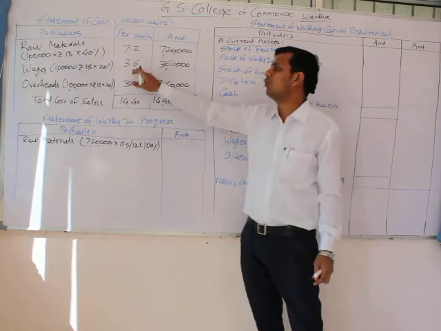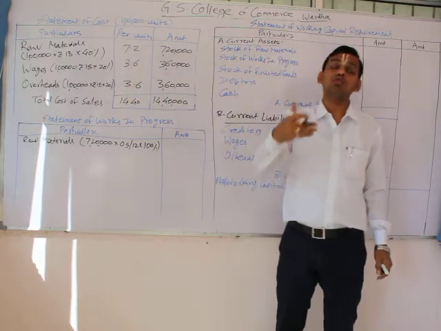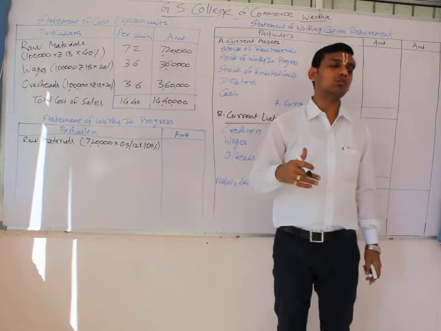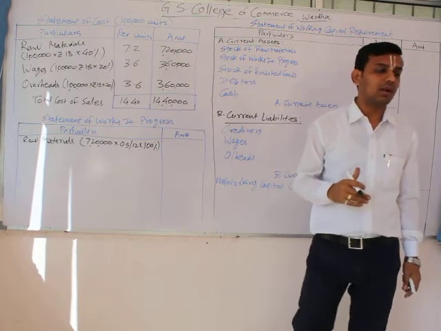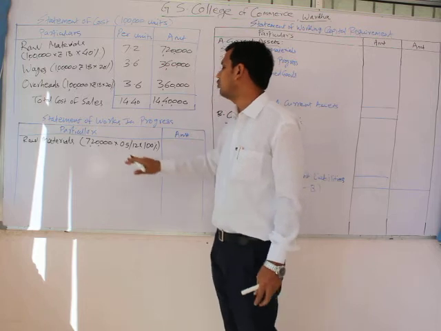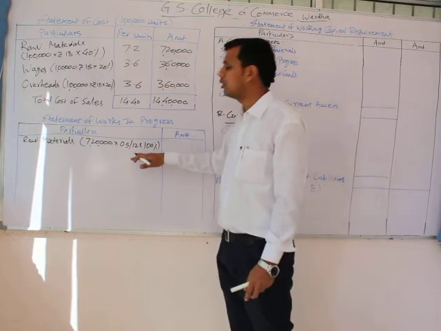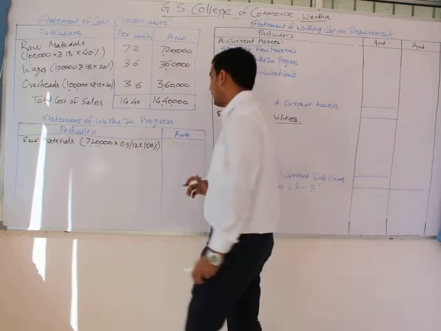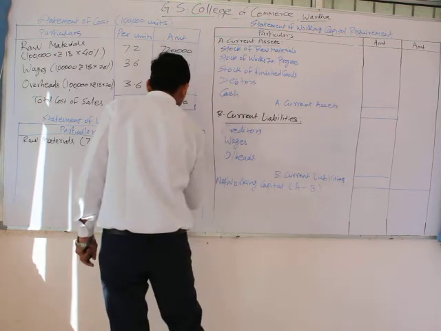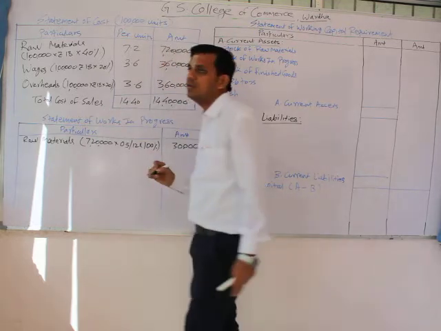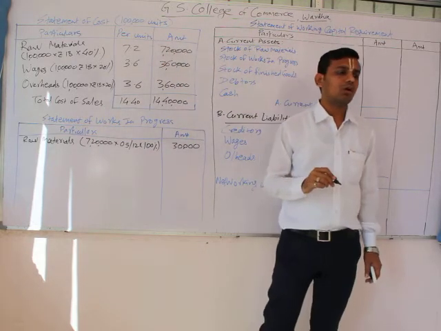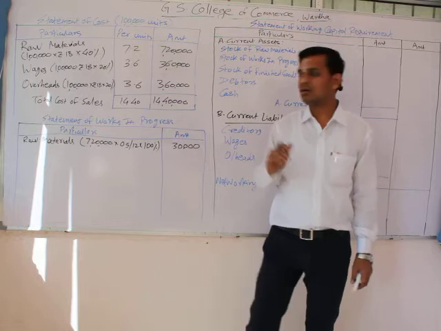Whereas for wages and overheads, we would assume they are used at the 50% level. Hence 7,20,000 into 0.5 divided by 12, number of months in a year, into 100% is 30,000, as we assume raw material is consumed at 100% level.